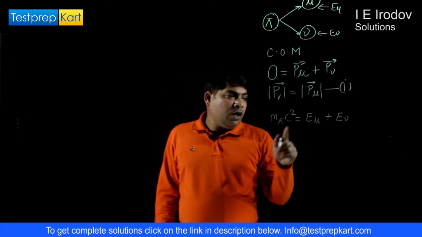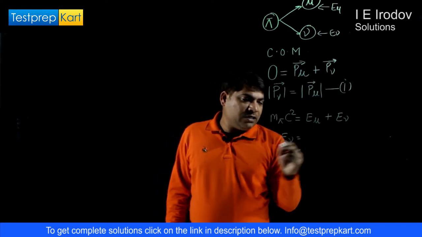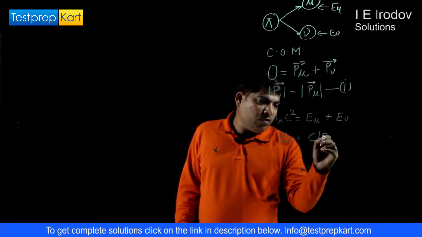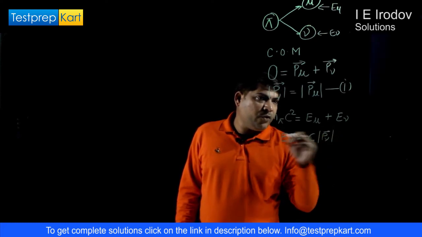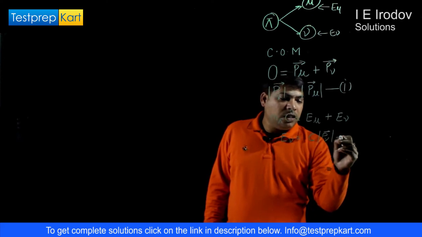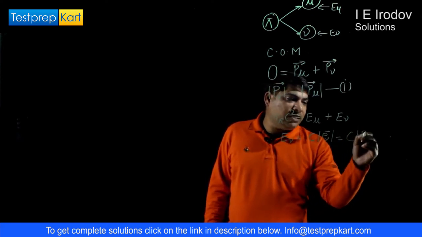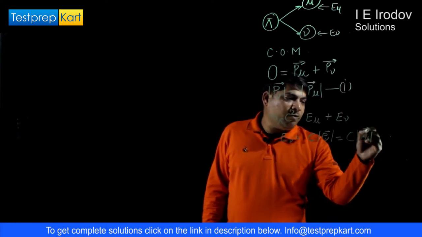Now see, we can represent energy of neutrino as c into momentum of neutrino, and if we take help of equation number 1, then we can rewrite that this energy can be represented as c into momentum of muon.